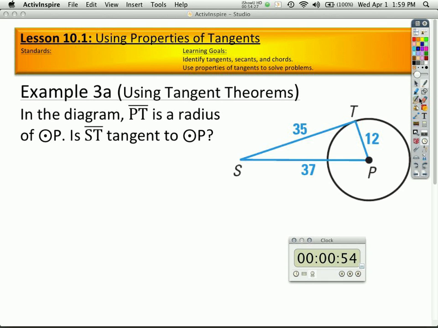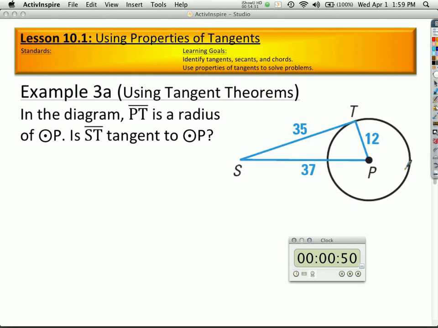Just use the Pythagorean theorem to see if the triangle is a right triangle, and if it is, then ST is a tangent. Because like ST is a right angle.